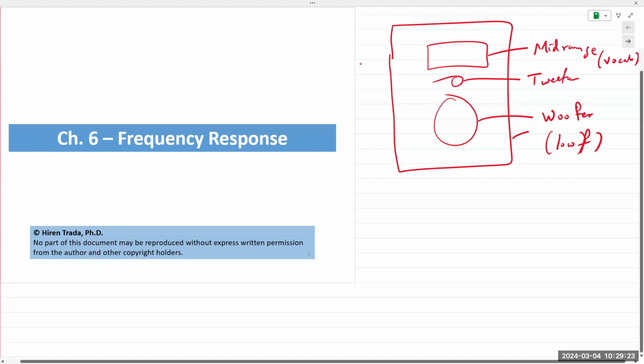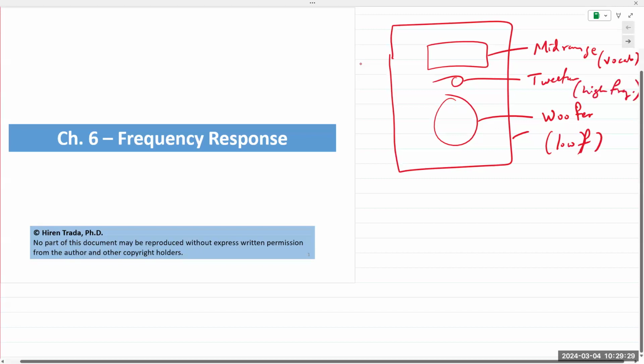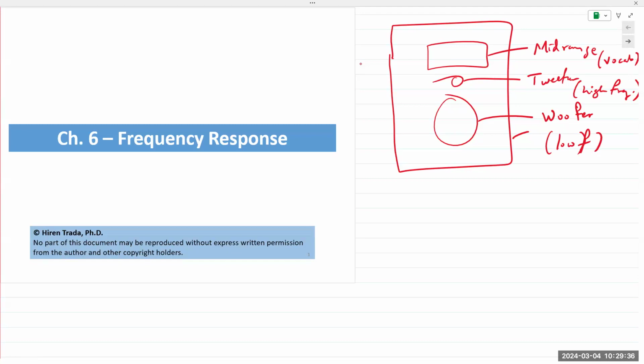So hence the mid-range of frequencies. And tweeter reproduces the high frequencies. Okay, high frequencies. The reason for the size disparity is the lower you go in frequency, the more physical space you need to reproduce the sound, because the wavelength is inversely proportional.